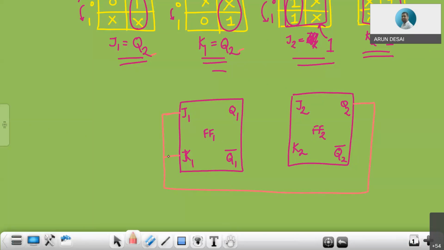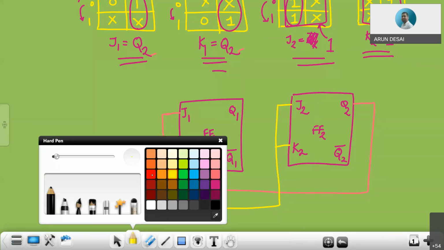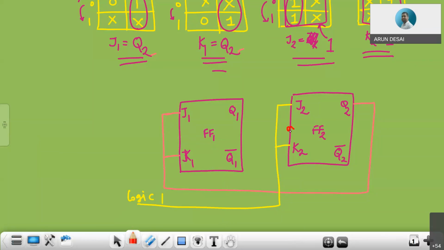J2 and K2 are directly 1, so we can connect J2 and K2 to logic 1, right? Since this is a synchronous counter, we can have a clock signal, the same for both flip-flops. This is my clock signal.